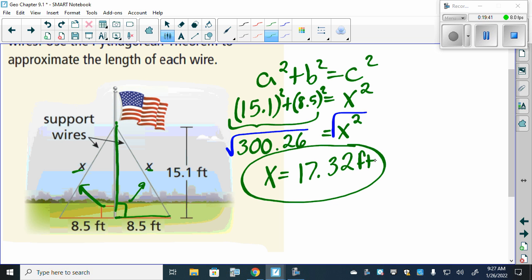And it would technically be feet. And that's all we would need to do to solve for this here. Any questions on this? It was pretty much the exact same thing, just in a different form. We ready for the next part?